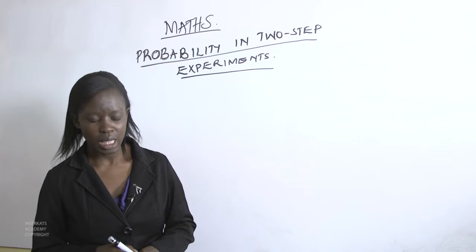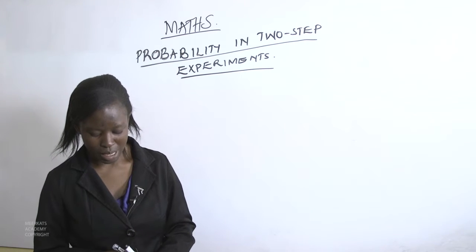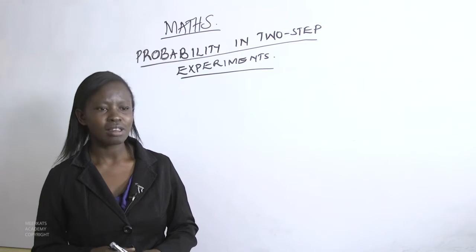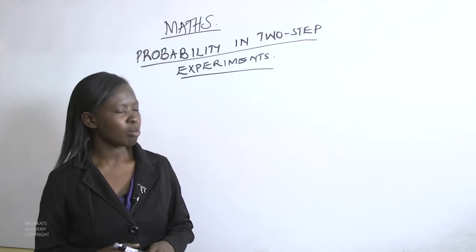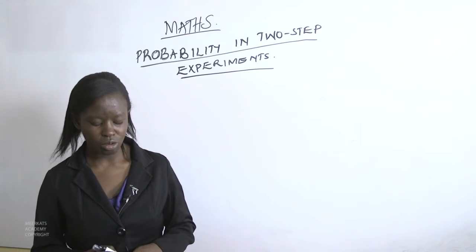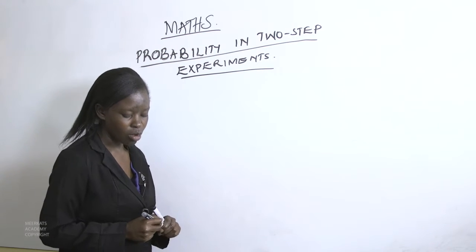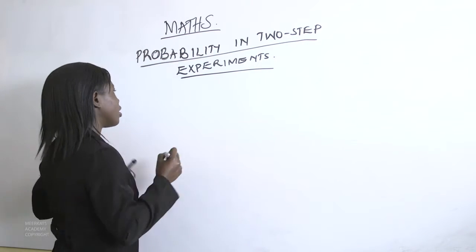So how do we solve probabilities using the two-step experiment? It is easier for us to solve the probabilities in two-step experiments using a table of multiple events.